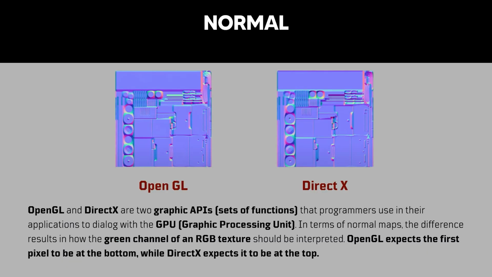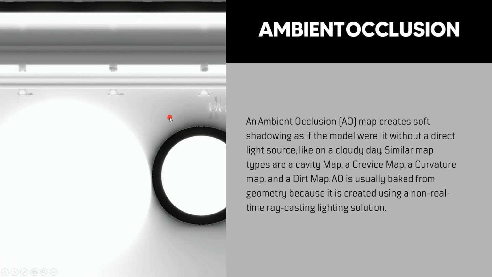Okay, we can discuss OpenGL and DirectX and their differences in detail, but it's not necessary for this part. As you can see, OpenGL accepts the first pixel to be at the bottom, while DirectX accepts it to be at the top.